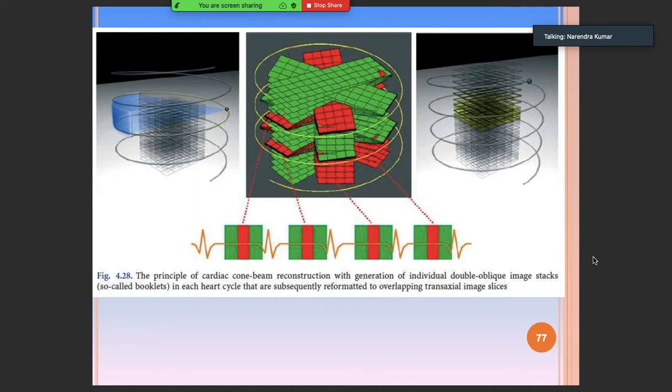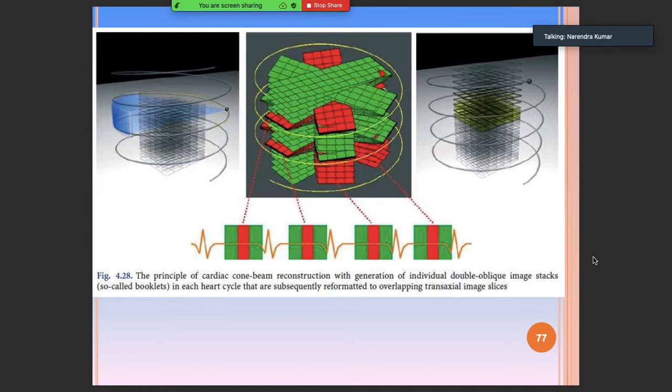Now, one of the important concepts to understand is the cone beam reconstruction. The cone beam reconstruction algorithm tends to gain importance, especially for the CT scanners which are using a high number of detectors. Okay, so the reconstruction tends to generate double oblique images, which are stacked like booklets, which are individually adapted and optimally fitted to the spiral path, which is reformatted to a set of overlapping transaxial images.